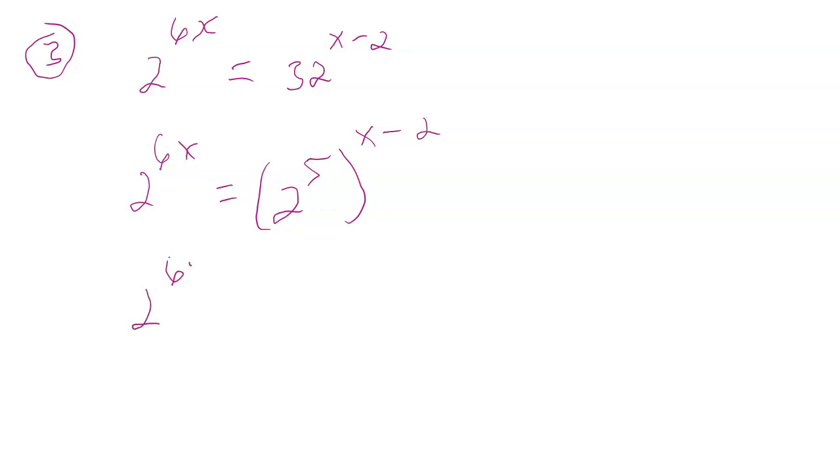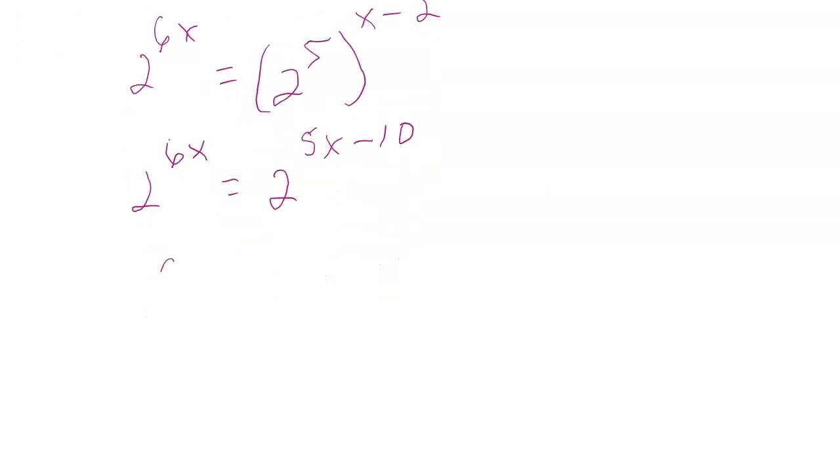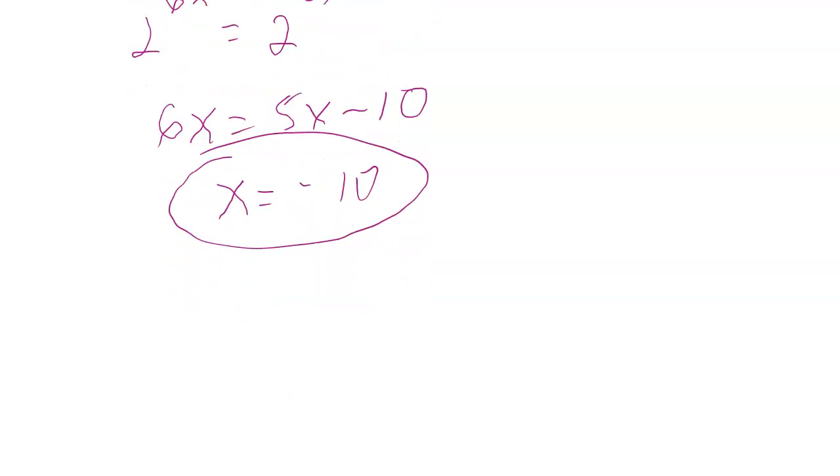An exponent raised by an exponent, I'll multiply, so I get 2 to the 5x minus 10. I got equality here. I got 6x is equal to 5x minus 10. I get x is equal to negative 10. Pretty easy. Pretty standard.